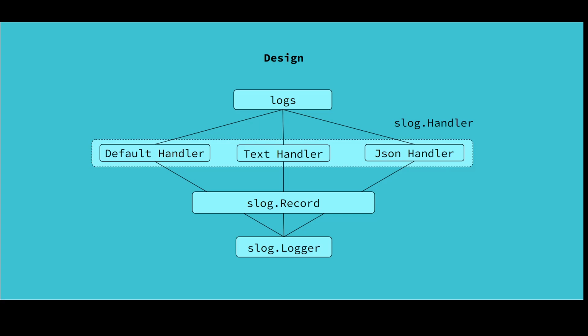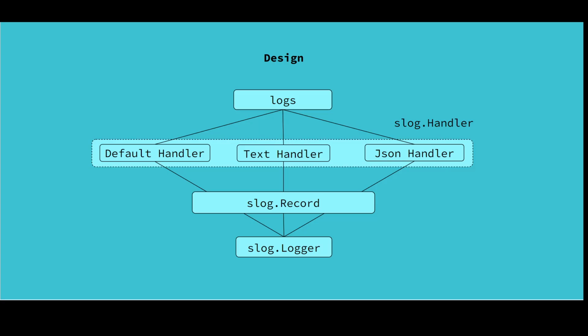So the handler is a very important piece. It decides the formatting and the destination of the log. Slog comes with two built-in handlers. One is text, another one is JSON, and you can choose either one of them.